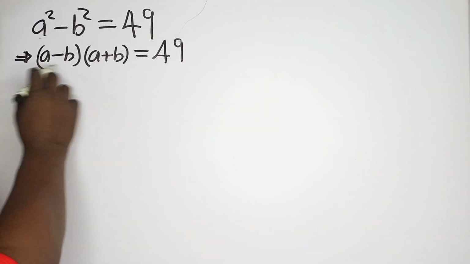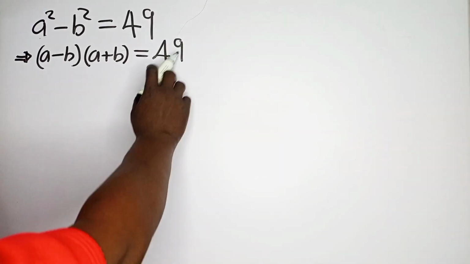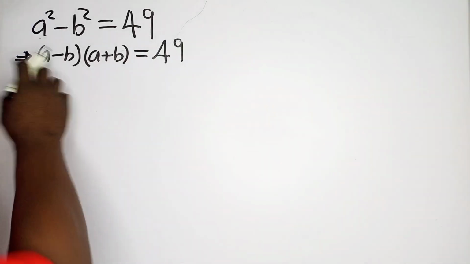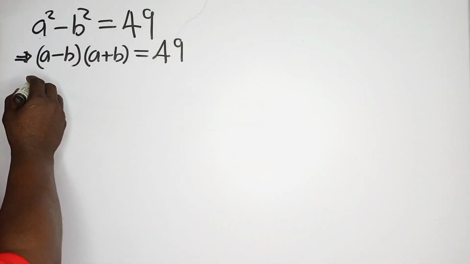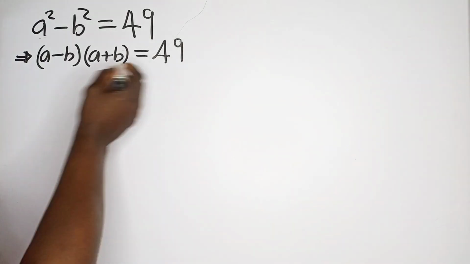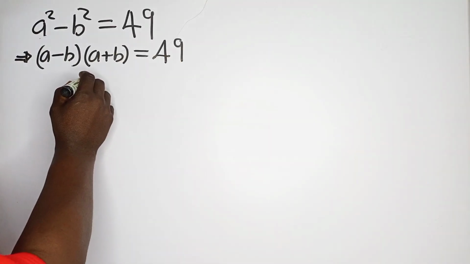All right, we have this product giving us 49. It means that there's a possibility to have products of 49 that will match what we have on the left hand side. So the first thing to do now is to decompose 49.